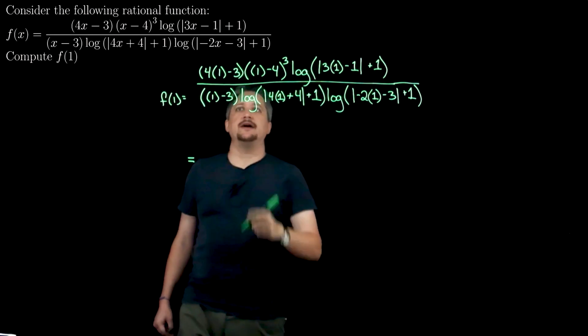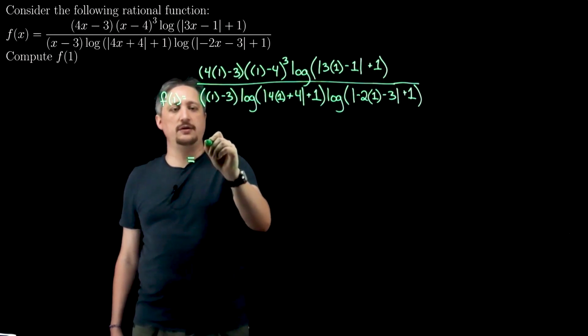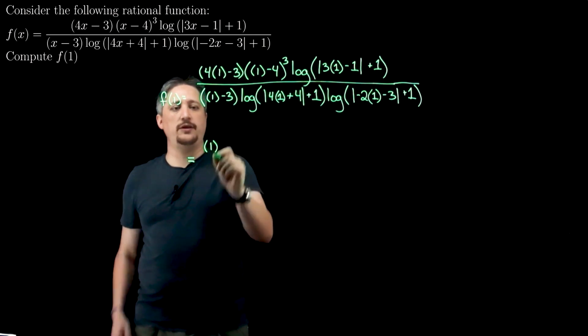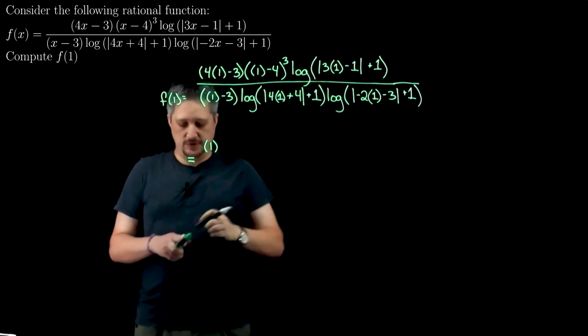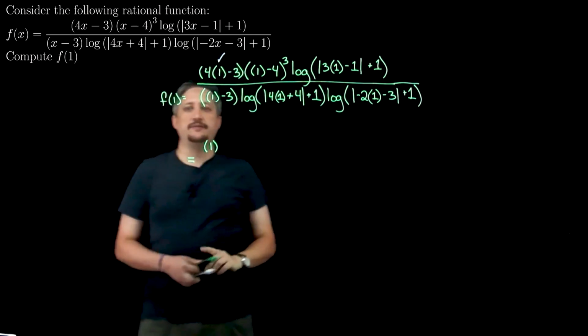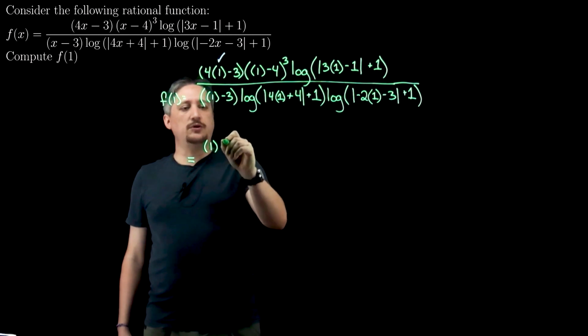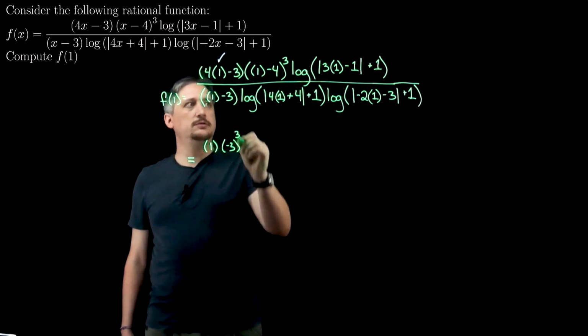So in the top, I have 4 times 1 is 4, minus 3 is 1. So in parentheses, I have 1. And I can help, if you want, you don't have to do this, but it can help sort of check off the ones that you've done, right? This next one, I'm going to have 1 minus 4, that's negative 3 cubed.